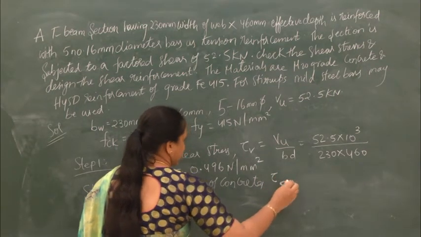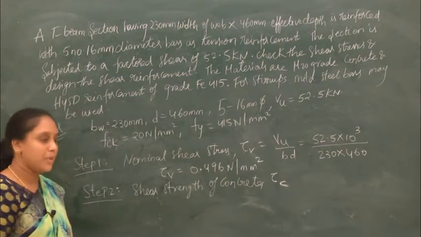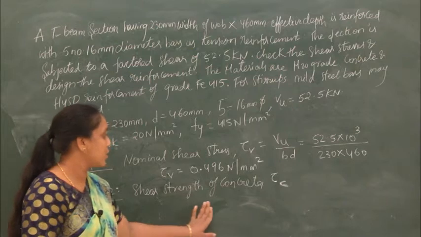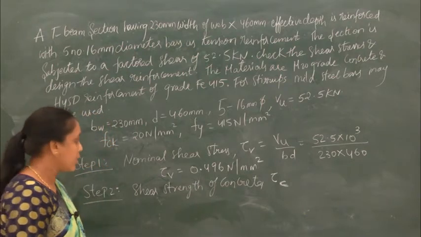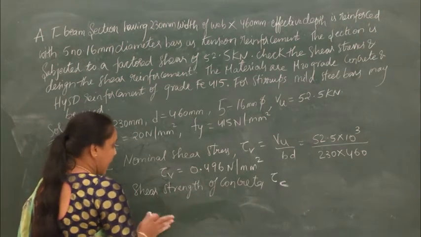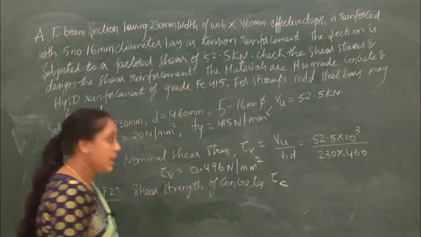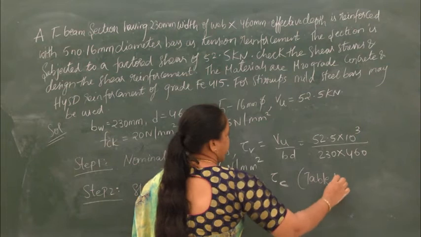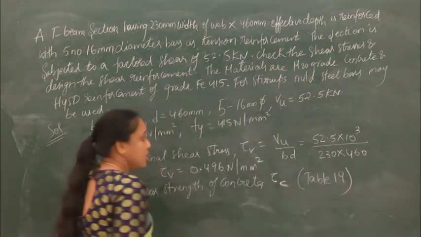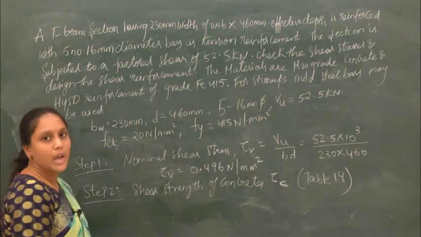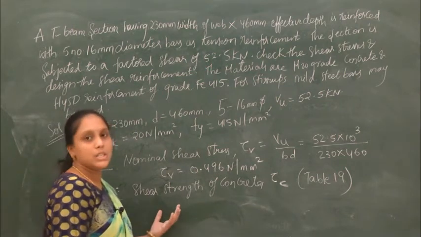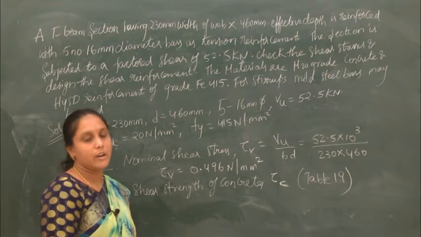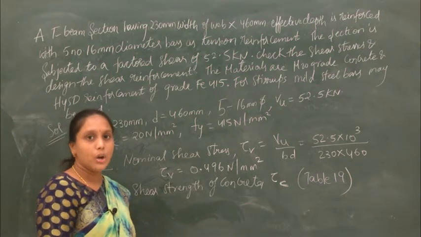So how will we calculate the shear strength of the concrete? It can be calculated from table 19 of IS 456-2000. So in table 19, what do we have? We have different values of tau c for different percentages of steel reinforcement and grades of concrete.